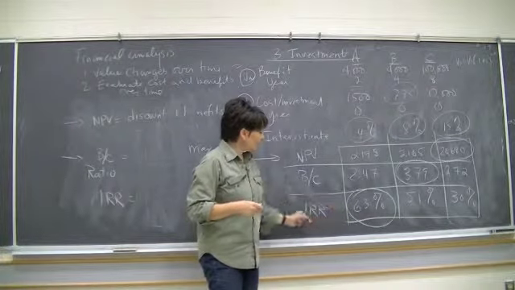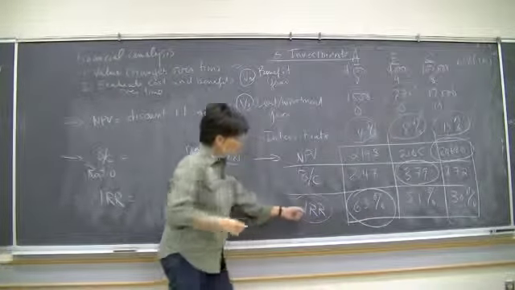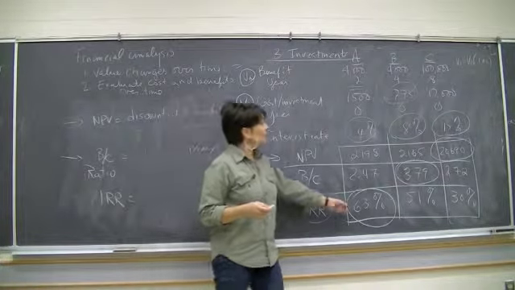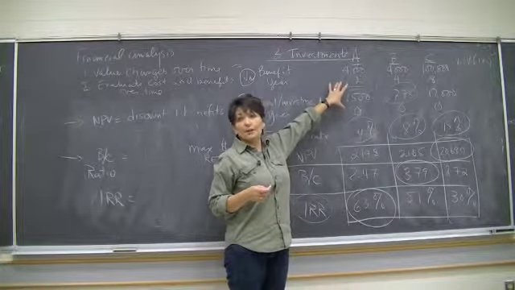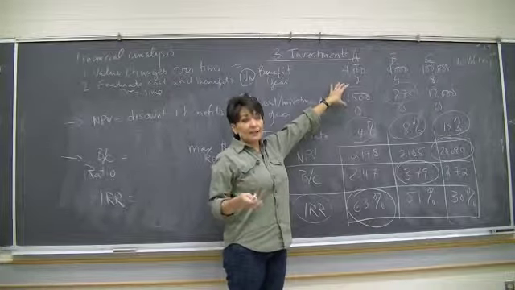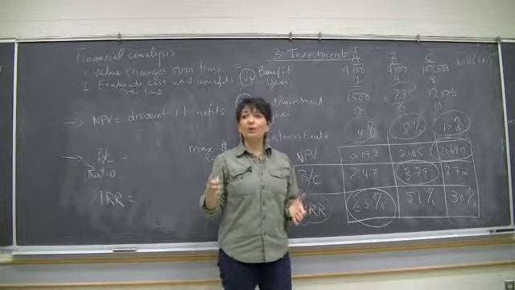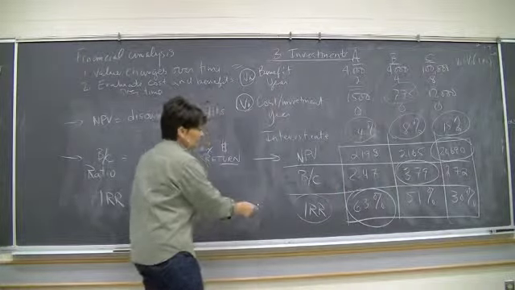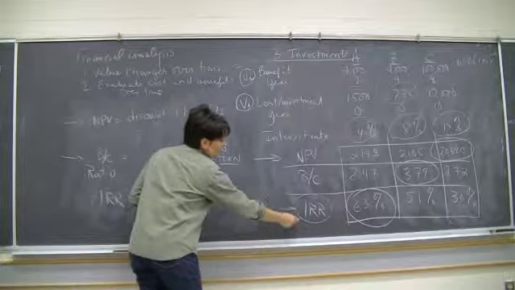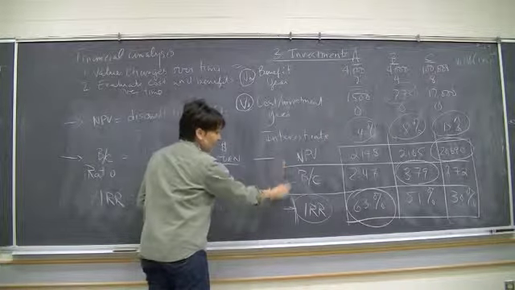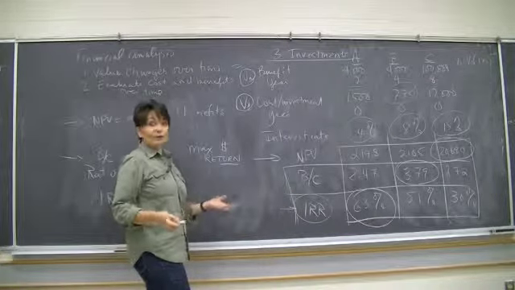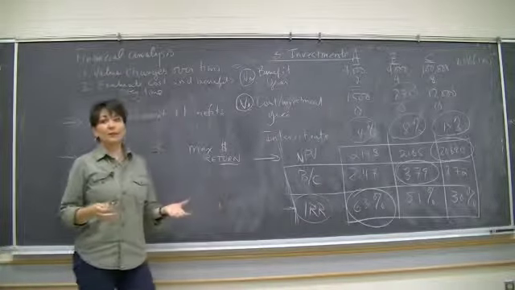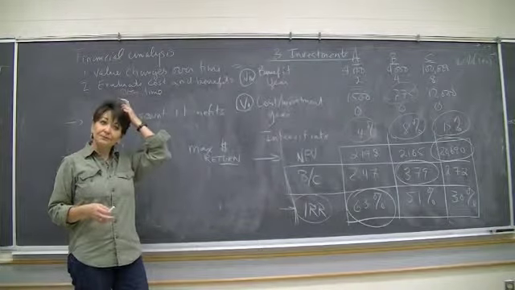So IRR, or ROI, is going to give you the greatest bang for your buck with investments that turn around in a short time. And that's because time erodes the value. So IRR will favor short time periods. Benefit cost ratio favors projects with low costs, and NPV favors projects with big returns.